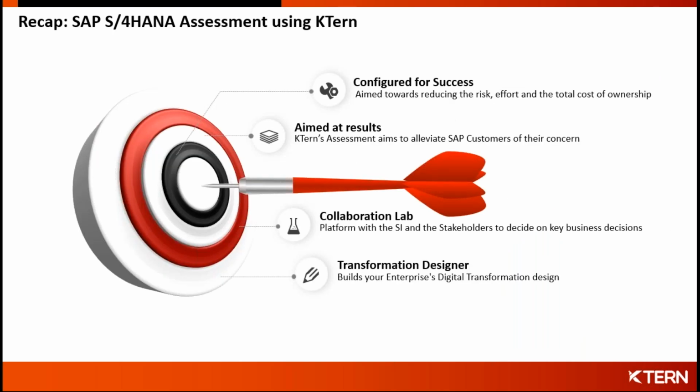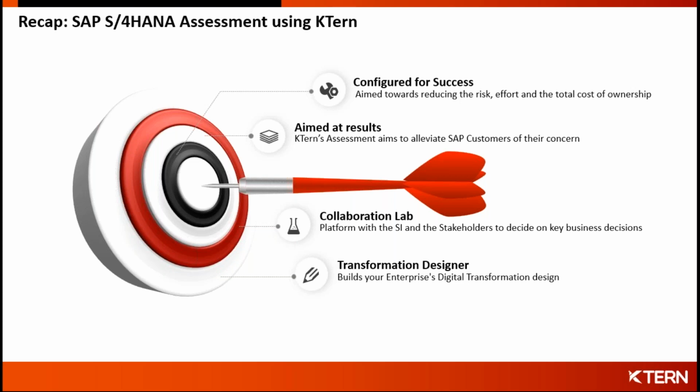Before we go further, a little recap on what we have done so far. Like we all know, we started with understanding S4HANA and its impact on the current ECC system. So we came up with something called the assessment or the impact analysis, which will help you understand the business impact, the technical impact, the landscape impact, as well as the functional impact on your system, understand the criticalities, the critical business process, who should be the major stakeholders, and what should be your test cycles, the test cases, what should be your training plans.